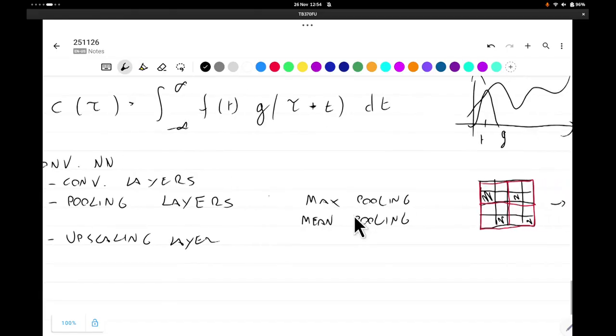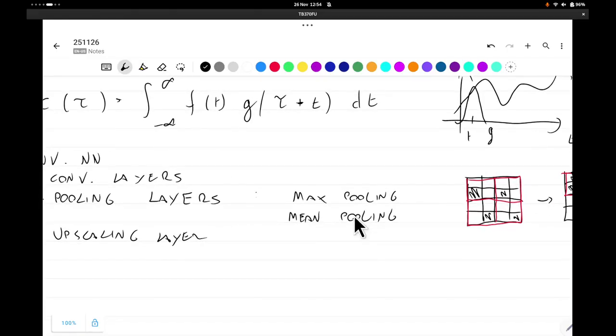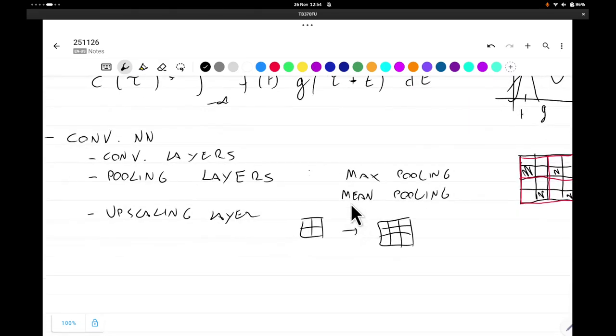So one that says, okay, now I go from say a 2 by 2 to a 3 by 3, for example, in order to scale up the image, again with some kind of rule on how to map neurons to neurons. So these layers are typically not learned. Pooling and upscaling, there is just a rule to go from one to the other. Everything goes in the convolutional layers that can be and will be learned.